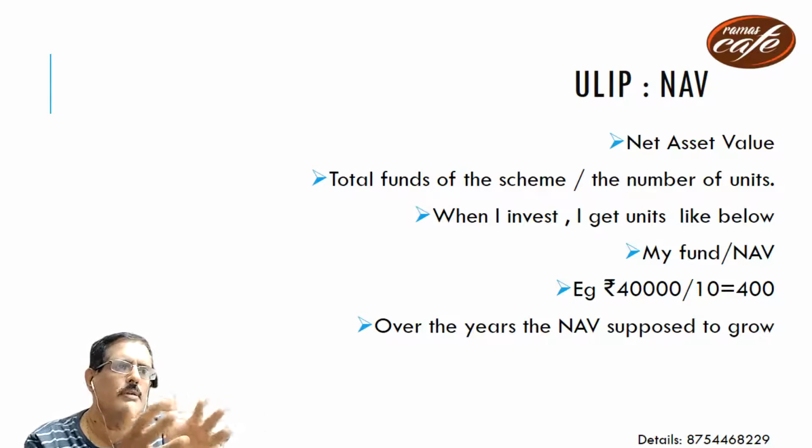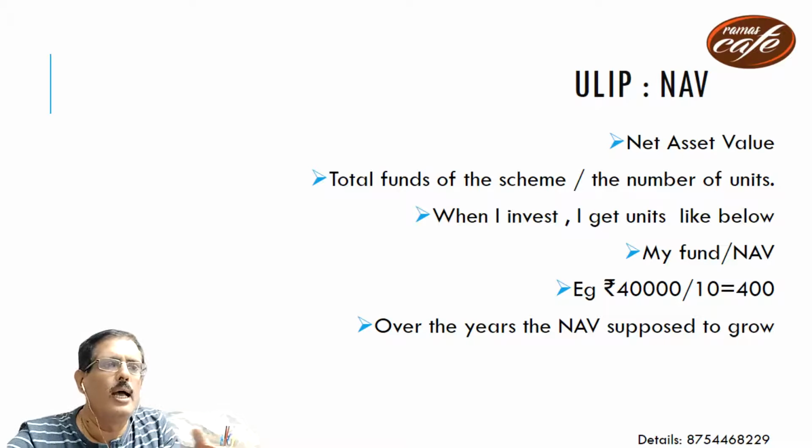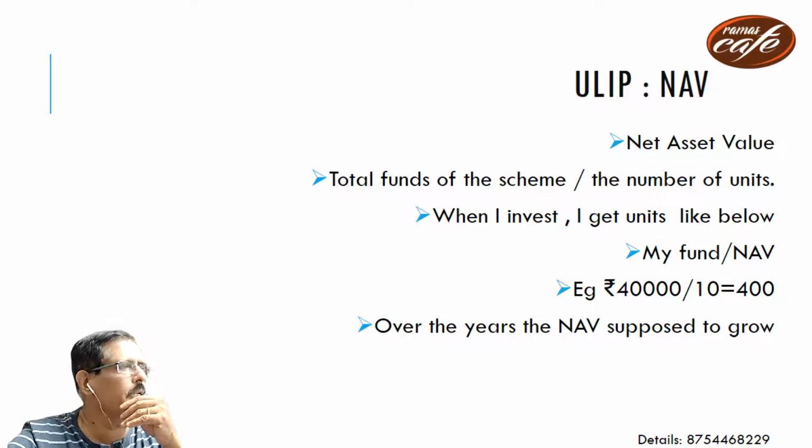Suppose you are putting 40,000 rupees and the NAV is 10 rupees, you will get 40,000 divided by 10, which equals 400 units. Over the years, this NAV is supposed to grow. If NAV grows, the units, 400 or whatever it is, will be multiplied by the grown NAV and you will get a better investment.